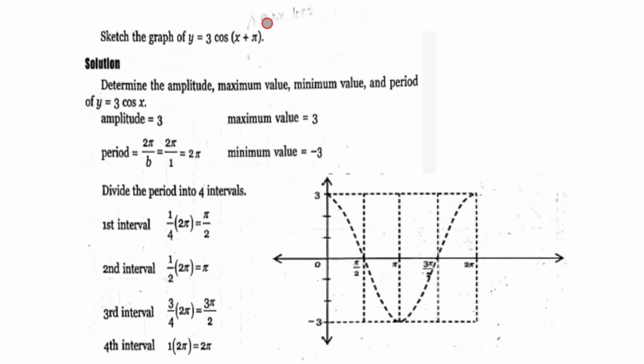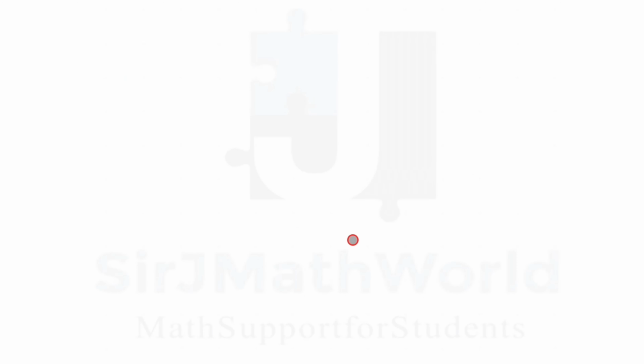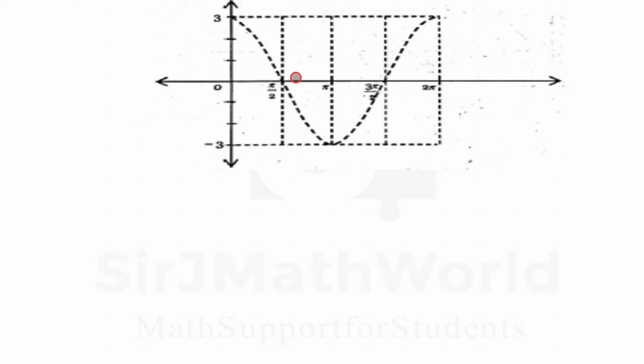Since we have to move to the left, because this is positive, we move to the left. Our move is one pi. So, from here, we will move to the left.